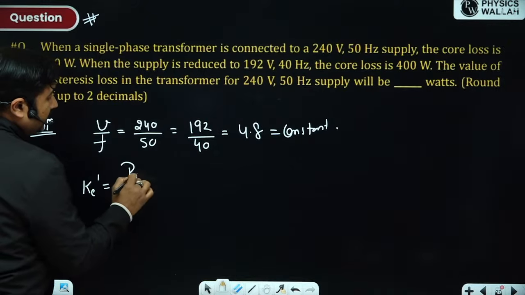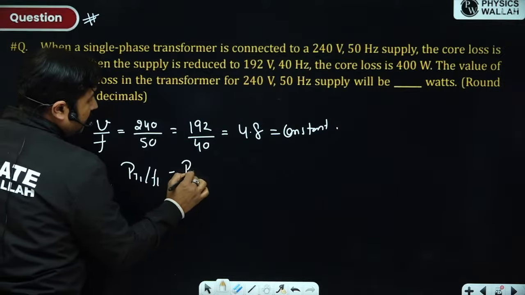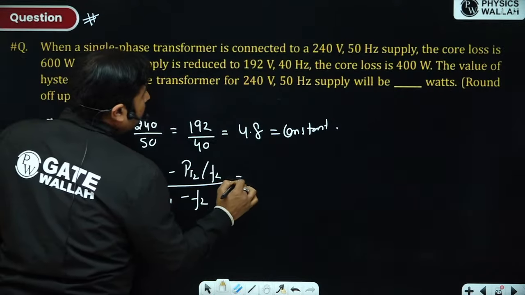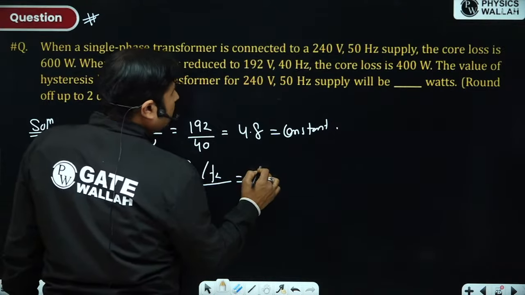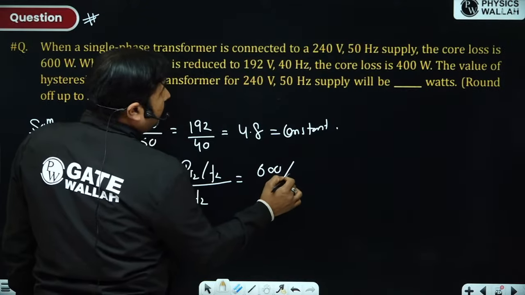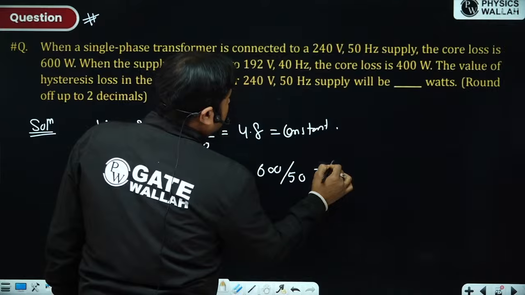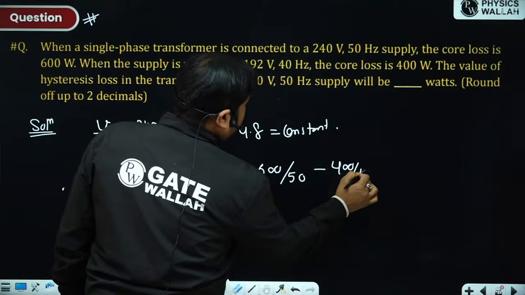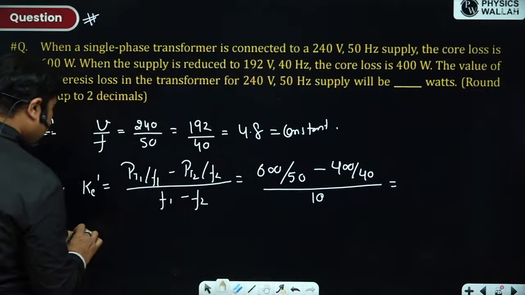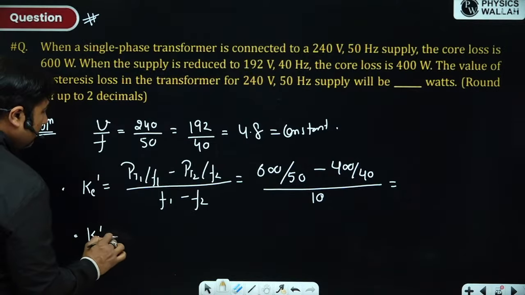KE dash is (PT1 by F1 minus PT2 by F2) upon (F1 minus F2). So the total loss is (600 watt by 50 minus 400 watt by 40) divided by 10.